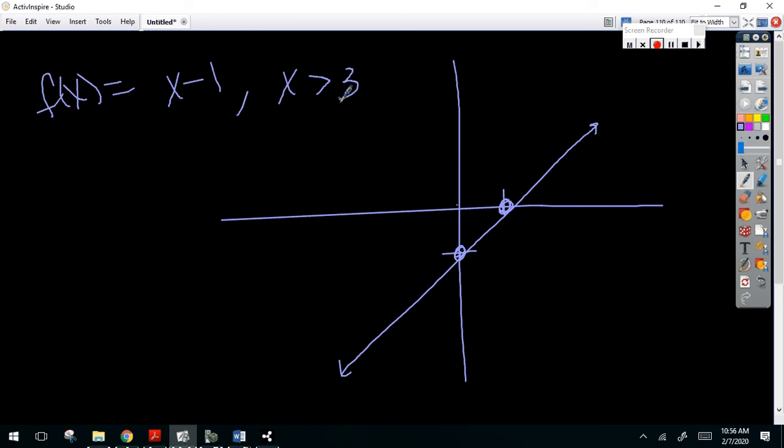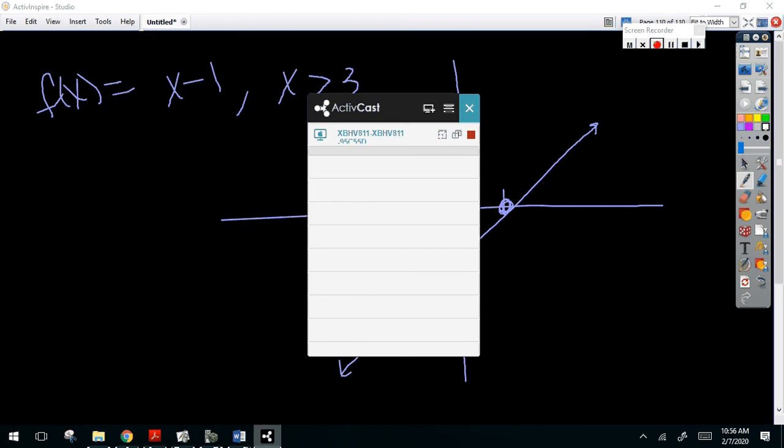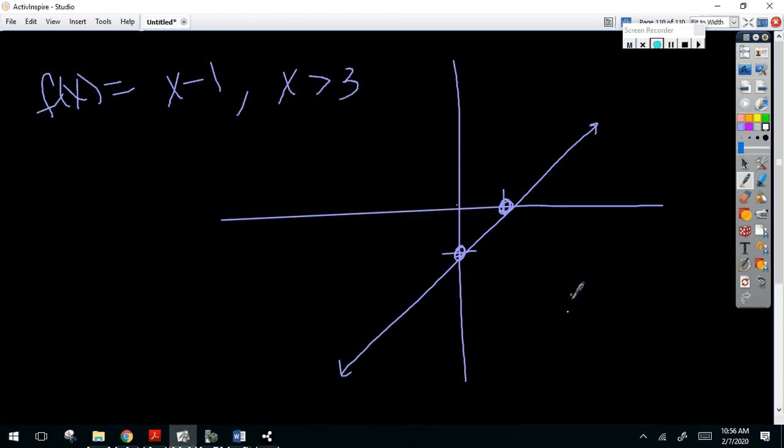Okay. Well, so I got this line. It went out. When you find f of x at that point, yes. All right, so I would go 1, 2, 3.